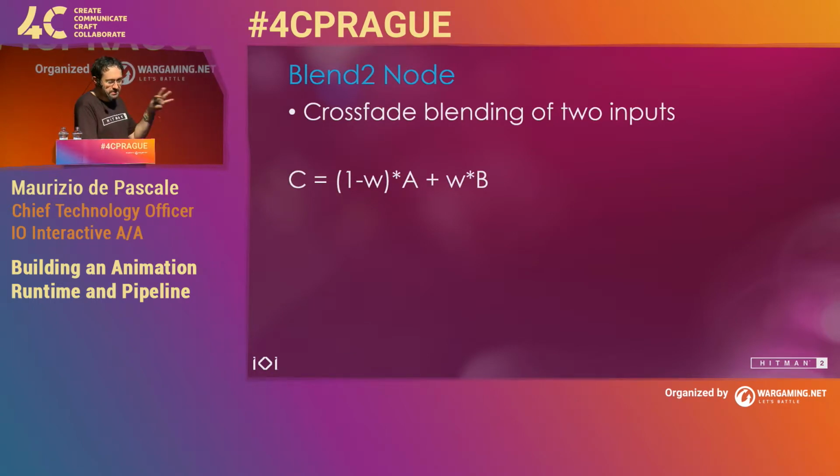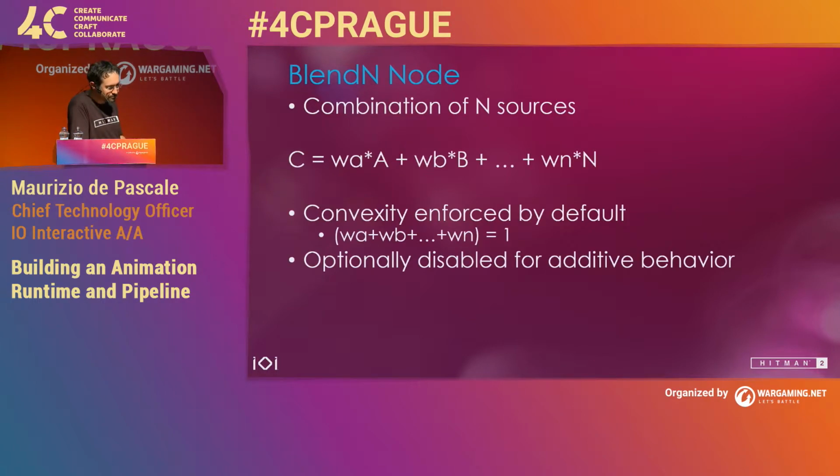Okay, so now we can sample animation. Let's look at the easiest way to actually combine animation, which is a blend two, right? It's the two-way blending between two sources. This by default performs a convex combination between two inputs, and we have a separate mode to make it work for additive animation. In that case, the second input will just be added on top, and it's expected to really be a delta.